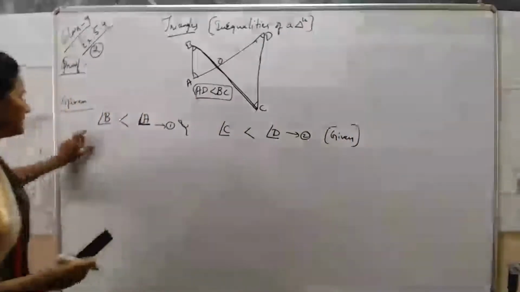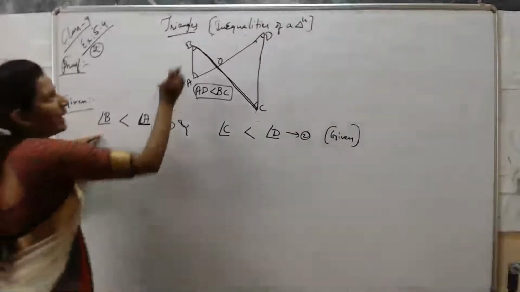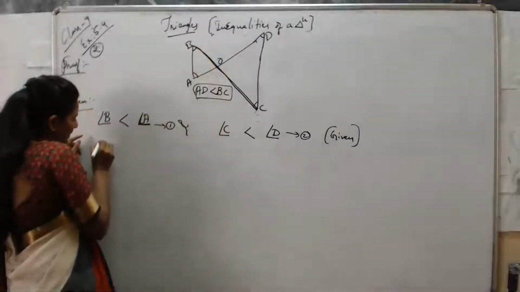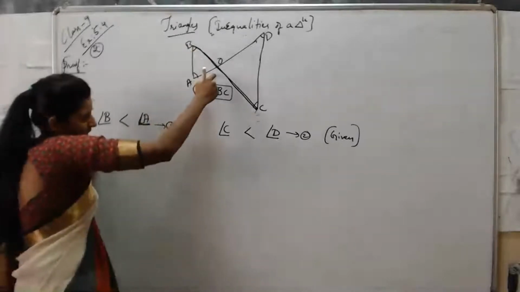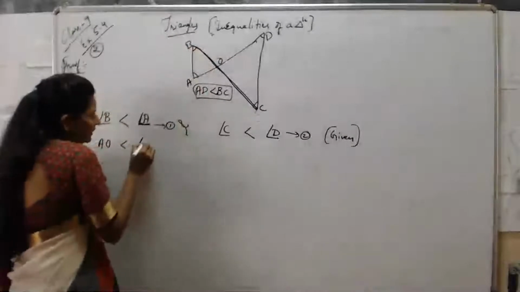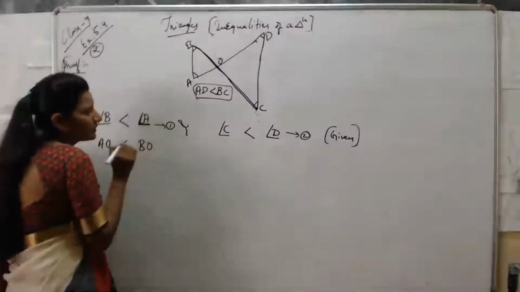Now, what is angle B's opposite side? Angle B's opposite side is AO. Angle A's opposite side is BO.